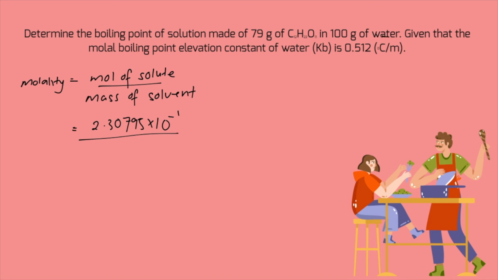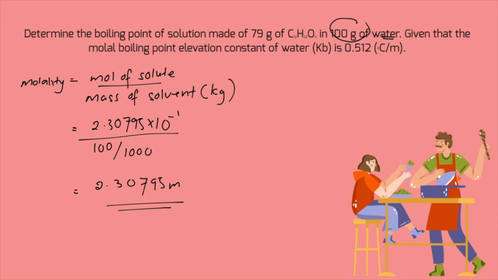Your solvent is water, so the mass is 100 gram, but you need to make sure that your mass of solvent is in kilograms. So 100 gram divided by 1000 to convert it to kilogram. So you should get your molality for this solution is 2.30795 molal.